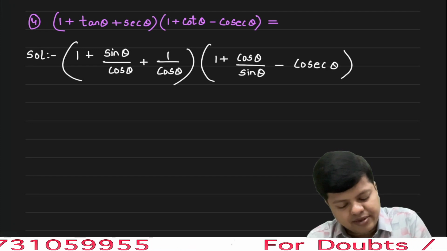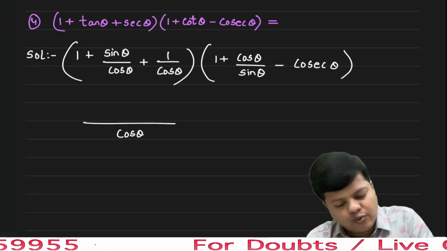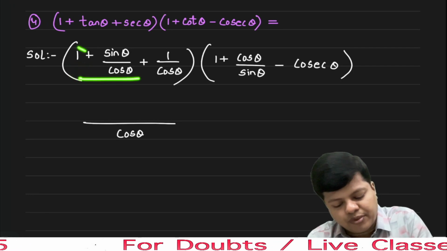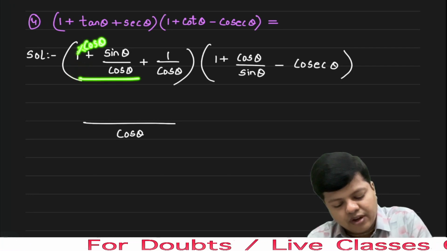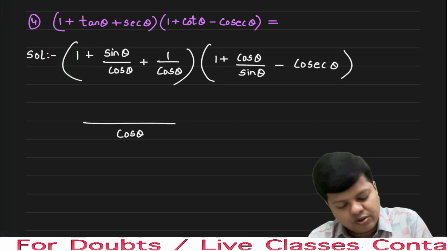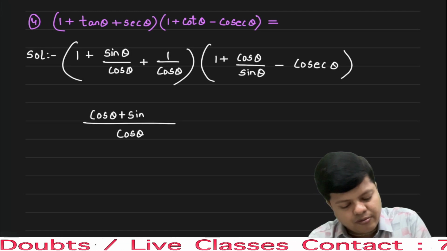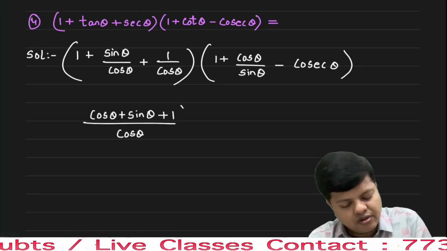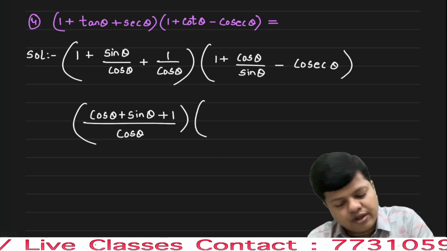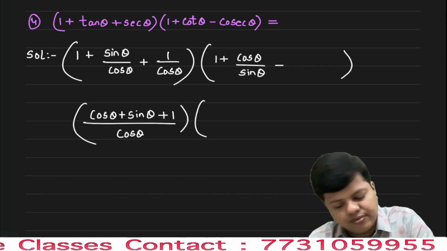Now we'll take LCM as cos theta. So below 1 there is nothing, cos theta. So when we take LCM, we should multiply cos theta with 1 and by cos theta. So it will become cos theta plus sin theta plus 1, into, here LCM, sorry, this we should write as 1 by sin theta now, student.